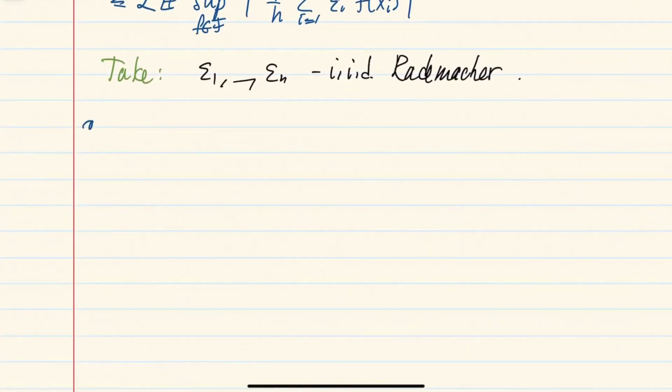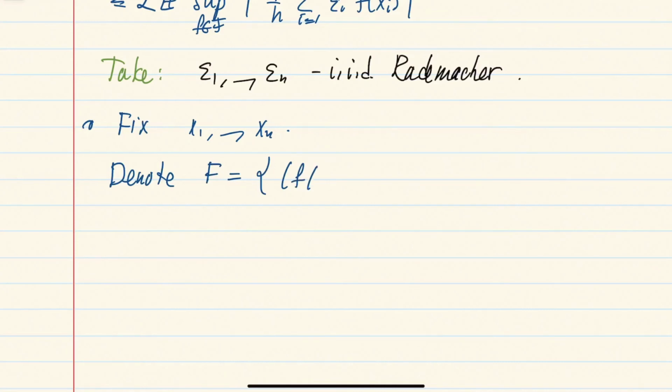So first, we are just going to fix our uniform random variables x1, ..., xn. We'll treat them as constants for a second, and then we'll denote by F the set of vectors in R^n given by evaluating our function f on x1, ..., xn, when f belongs to a class of functions that we are interested in.